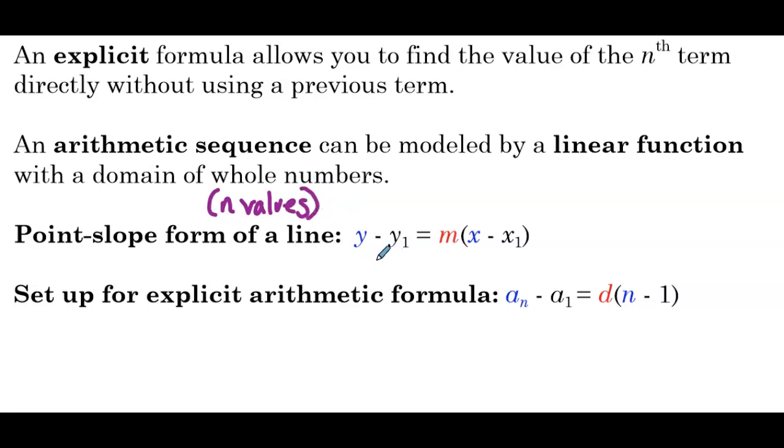Now, point slope form of a line: y minus y1 equals m times the quantity x minus x1. So if I replace x's and y's with sequence notation, our subscript notation, that's going to become a sub n minus a sub 1 equals d, which is the common difference, times n minus 1.